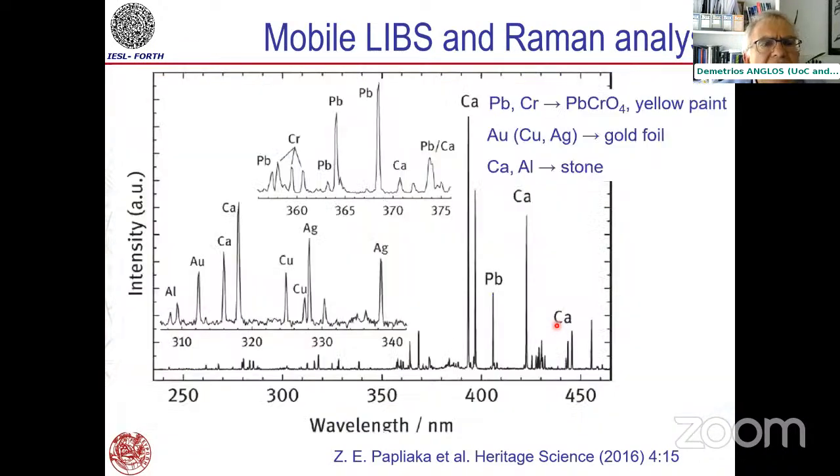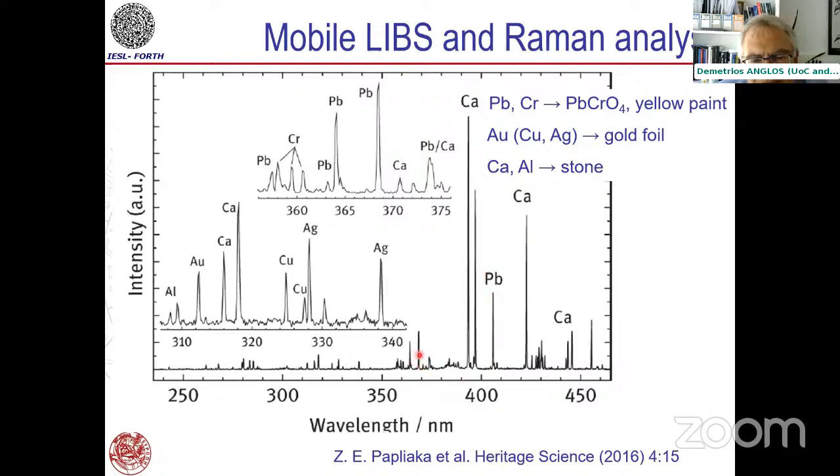I'll take half a minute to show you a relevant LIBS spectrum for the analysis that we just described in the previous slide. A typical LIBS spectrum is full of narrow atomic emission lines, and those more or less identify the material, the composite material that you have.